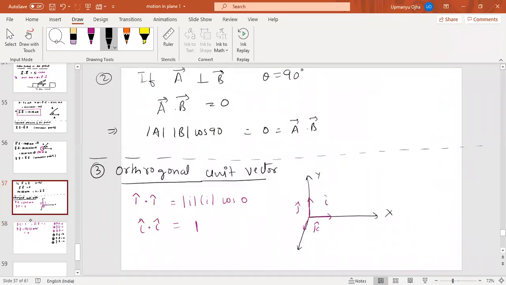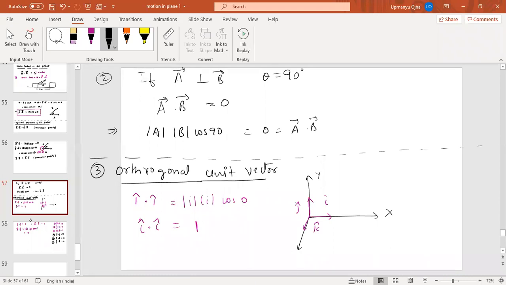You can do the dot product for more than 2 vectors also. Somebody asked me about I dot j dot k. What is its value? I dot j is 0, so 0 dot k is 0. We can do that, no problem.